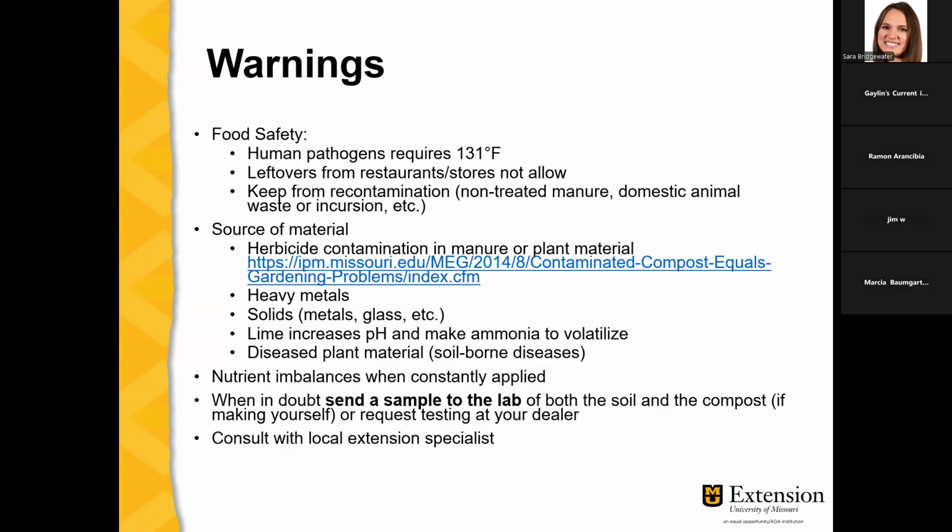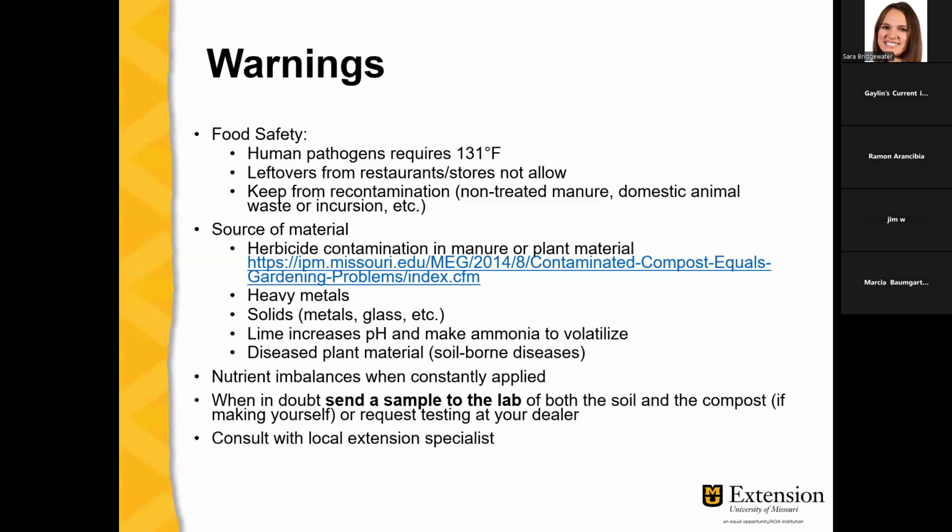If those contaminated materials are used in the compost pile, whether as manure or as hay or other ways, that herbicide will stay, it won't be destroyed by the compost, and then you're going to put it in your garden and your plants are going to be affected by those herbicides.